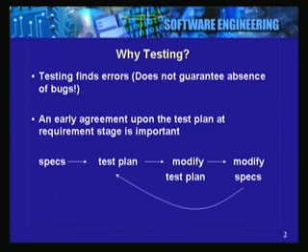As we know, testing finds errors. When we test a piece of software, which could be a module, a function, or the entire system, we find errors. Errors are reported, or the test goes through with the software giving us the correct expected behavior.